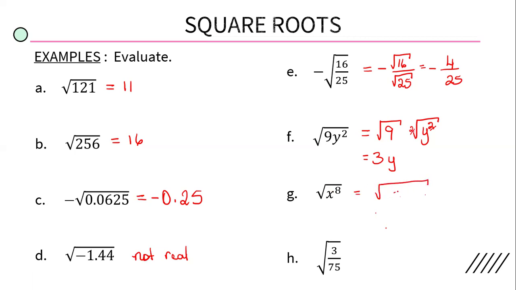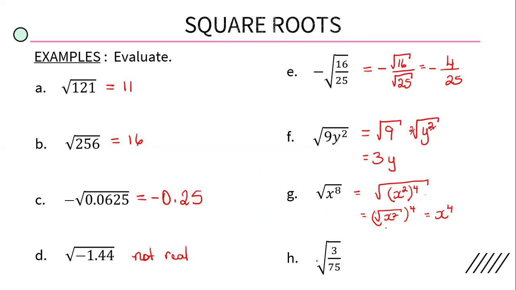But I know 2 times 4 gives me 8. So I have 4 groups of 2's. And this is the same thing as x squared raised to the power of 4. And I know that the square root of x squared is x, and my answer must be raised to the power of 4.